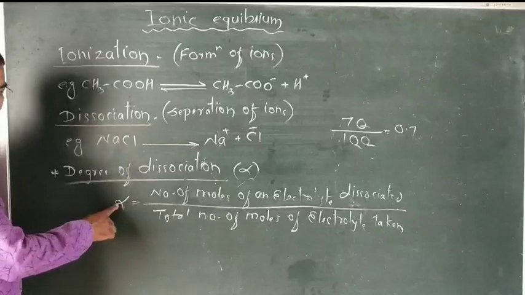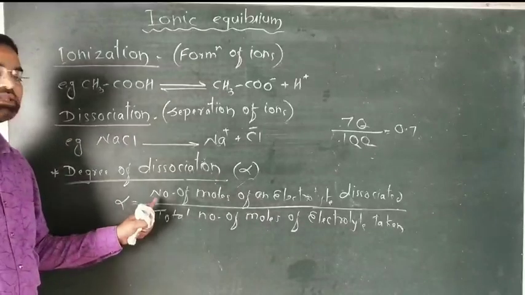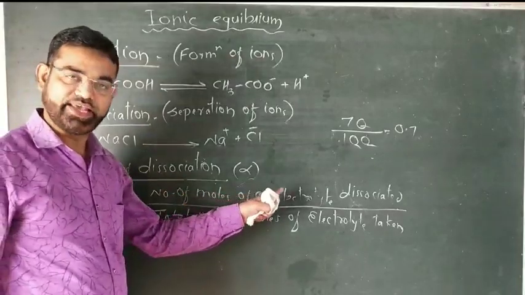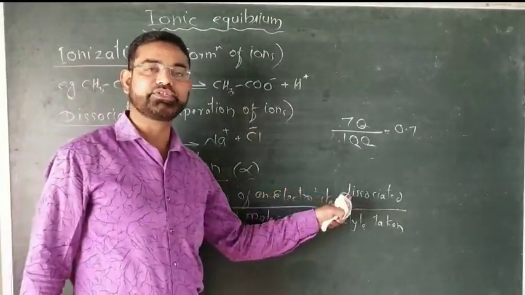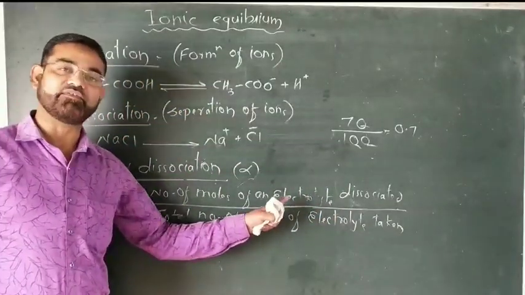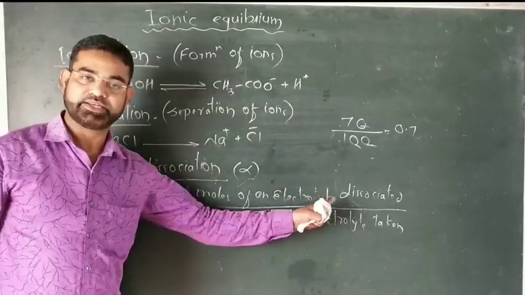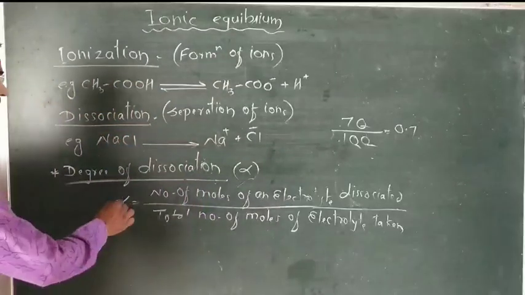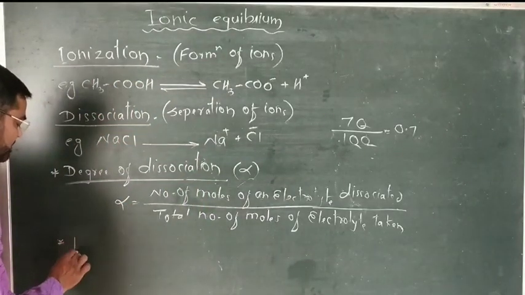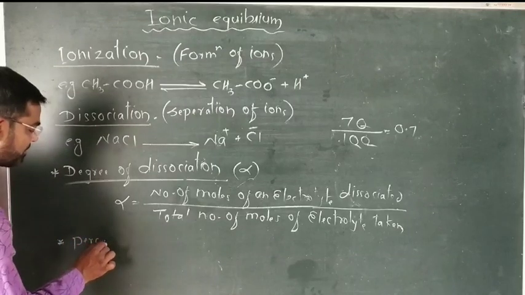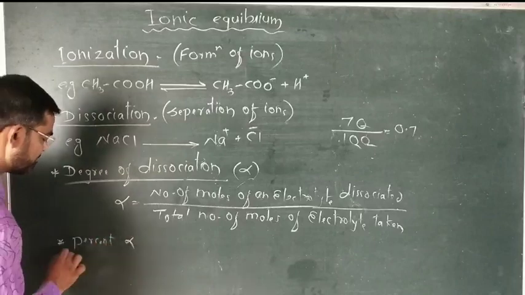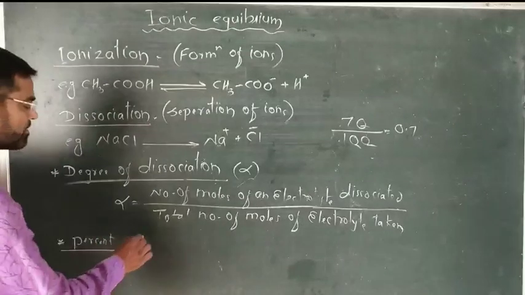So like this, alpha is the ratio of the number of moles of an electrolyte dissociated to the total number of moles of an electrolyte taken.